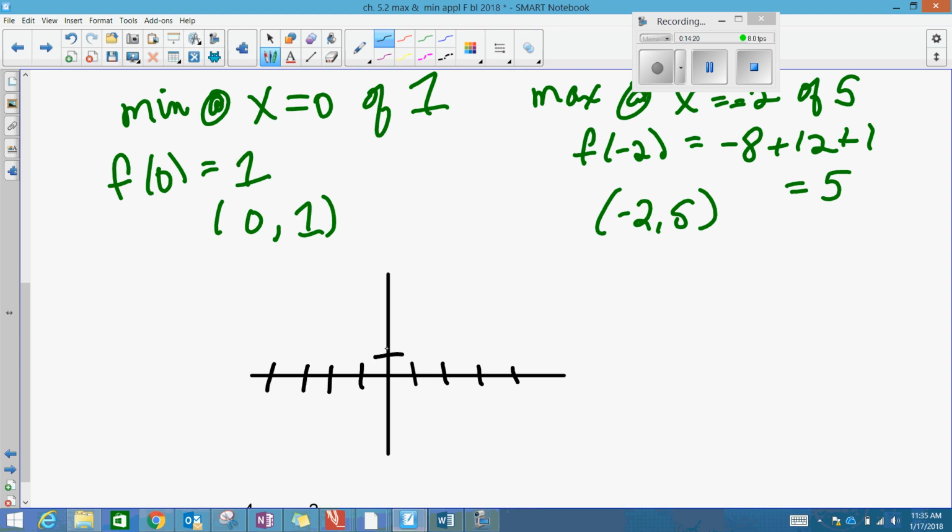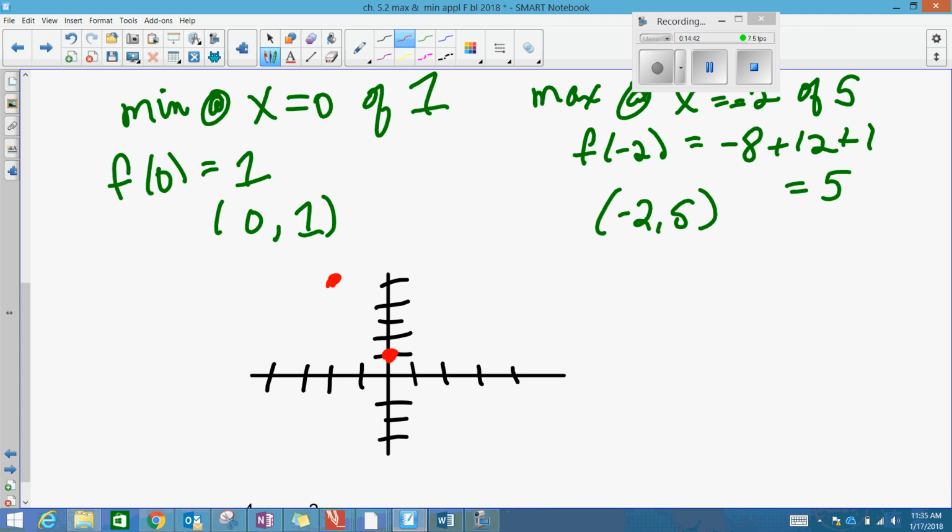Okay, so we want to plot the point 0, 1. So 0, 1 would be right here, and it's going to be a min, and -2, 5 is going to be right here.